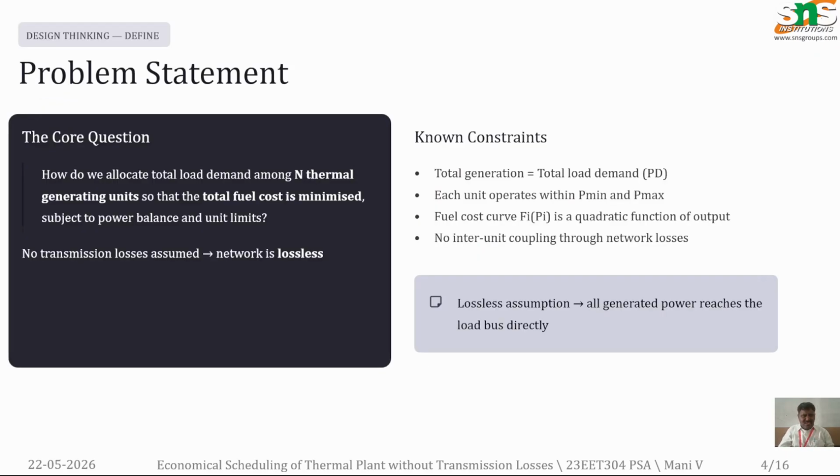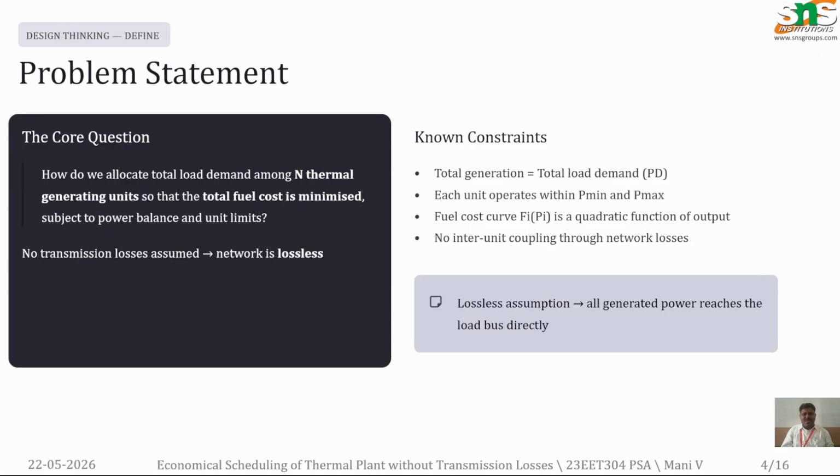In the define stage, we have to allocate the total demand among all thermal generating units so that the total fuel cost is minimized, subject to the power balance and unit limits. With no transmission losses, the losses can be neglected.